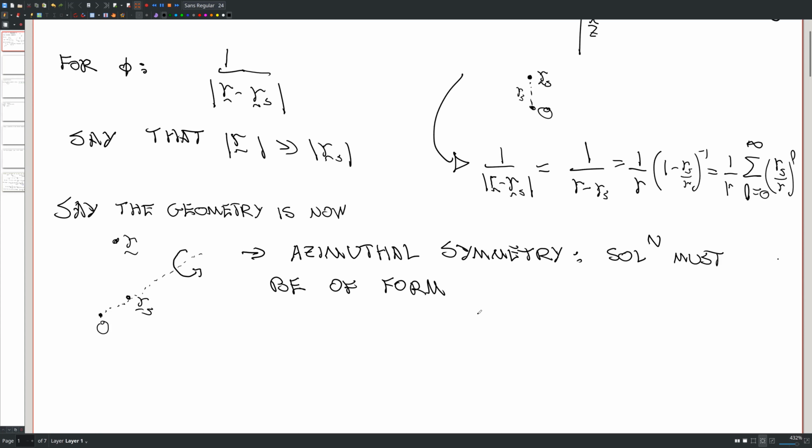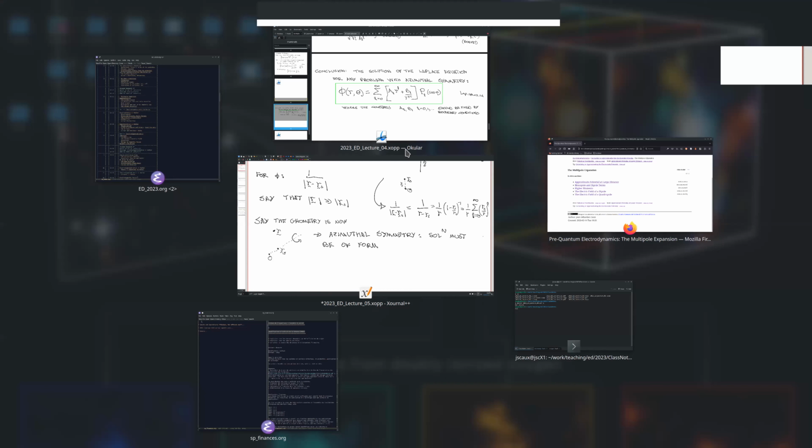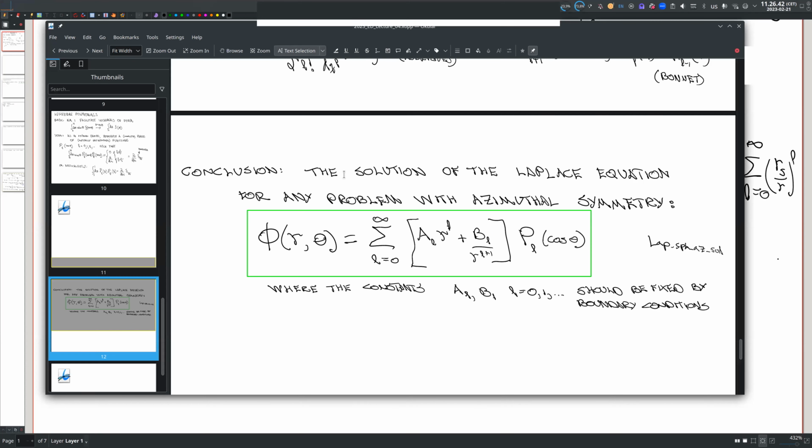That means if I now just use spherical coordinates around this axis, I would get a potential that does not depend on the phi angle because it's azimuthally symmetric. It depends only on the distance and on the polar angle.